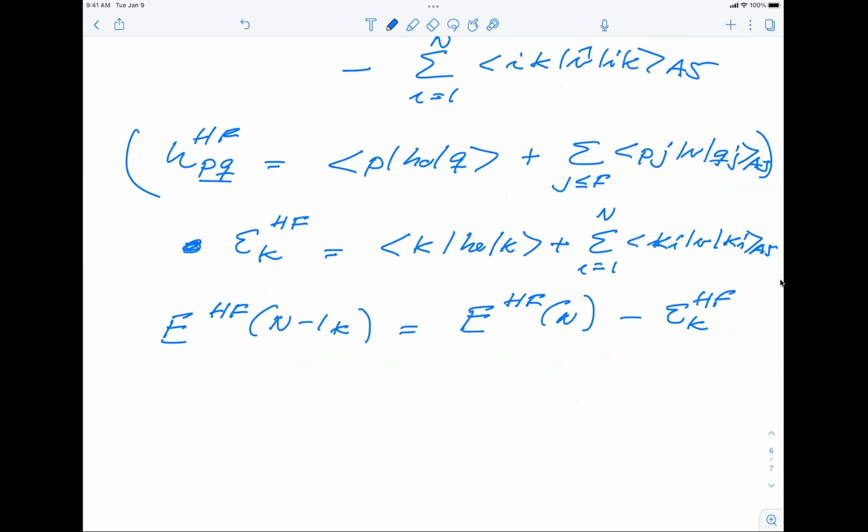And then you could compare these experimental quantities. If you think that your Hartree-Fock calculation is close to experiment, then you can think of your Hartree-Fock energy as the energy of the removal of a particle from a state below the Fermi level.